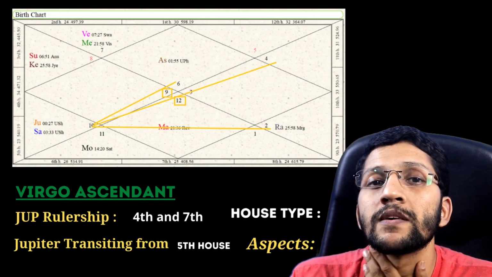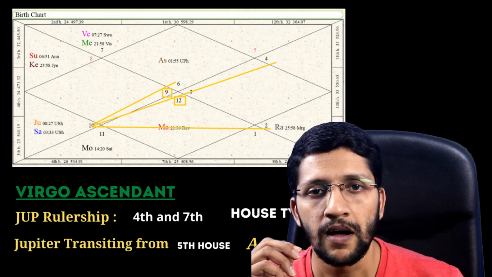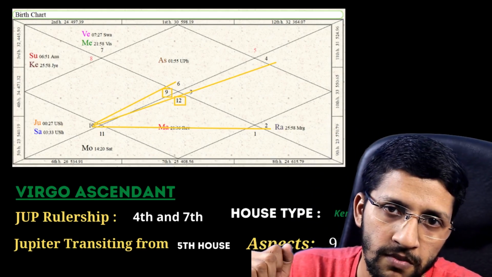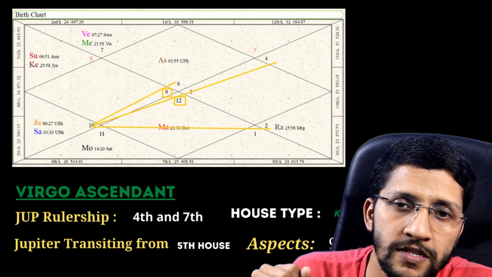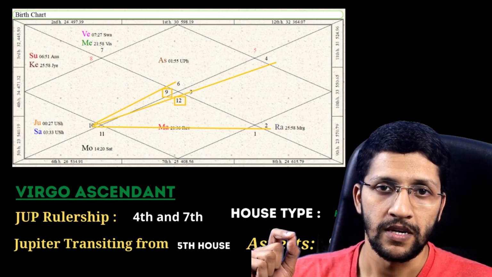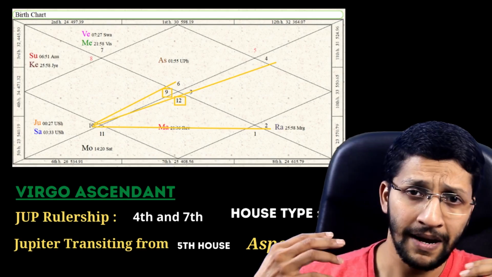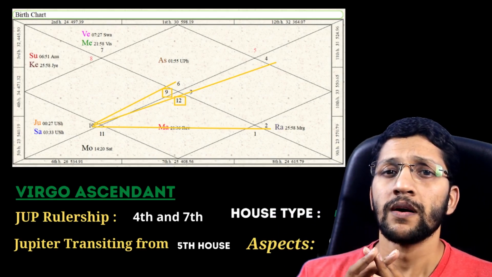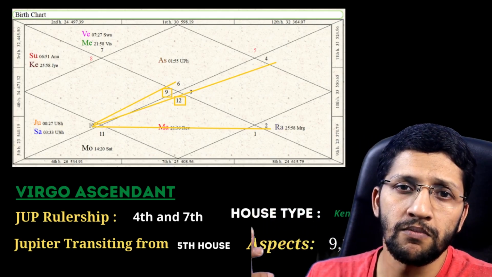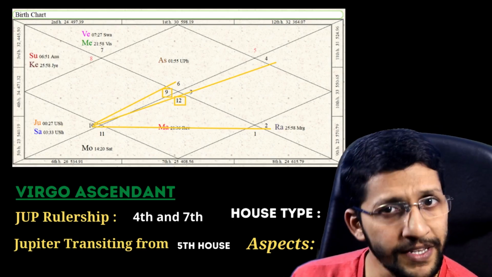For Virgo, Jupiter rules the 4th house with Sagittarius and the 7th house with Pisces. And Jupiter is placed into the 5th house of the horoscope. From the 5th house, Jupiter is aspecting the 9th house. 9th house is about fortune and travel, and you might feel like you want to travel to pilgrimages or study some spiritual books or religious stuff.